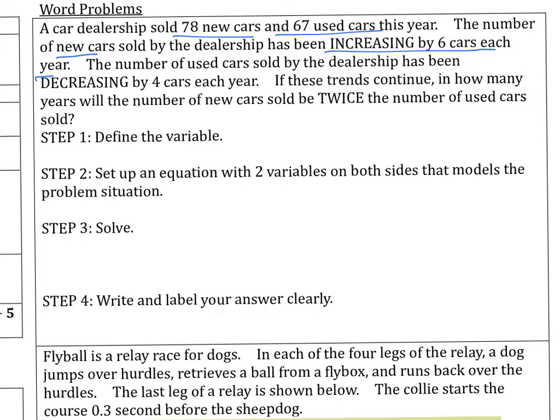The number of used cars sold has been decreasing by 4 cars each year. If these trends continue, in how many years will the number of new cars sold be twice the number of used cars sold? So we need to first define the variable.